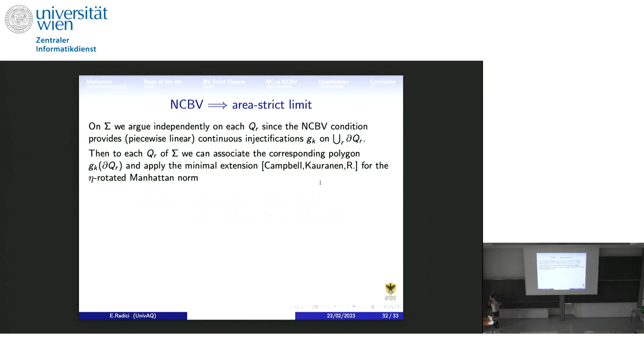You do it both for the horizontal and the vertical slices, and you come up with a number. This number is clearly just a number, not an extension, but for sure it is a lower bound for the Manhattan norm, in the horizontal and vertical direction, of your homeomorphic extension.